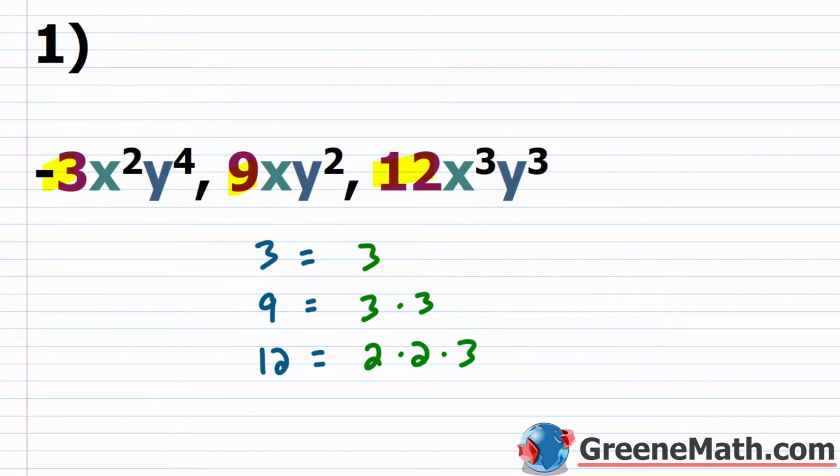Now, what you want to ask yourself is, what is common to everything? It has to be common to everything. There's a 3 here, a 3 here, and a 3 here. So when I'm building my GCF list, that 3 goes in because it's common to everything. Then you want to go with the smallest number of repeats between any of the prime factorizations.